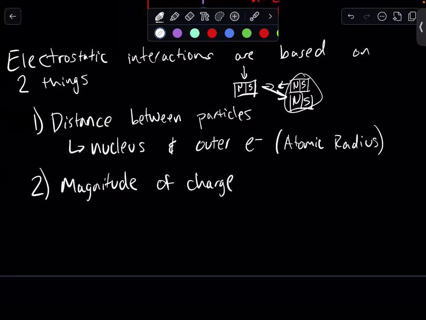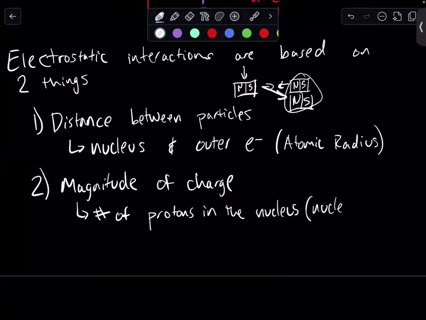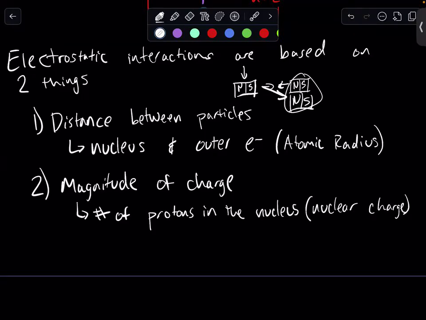Now with atoms, we're talking about the number of protons in the nucleus, and we call that the nuclear charge. A nucleus with like 5 protons will pull a lot stronger than a nucleus with 1 proton. So the number of protons will have a greater effect on that charge.